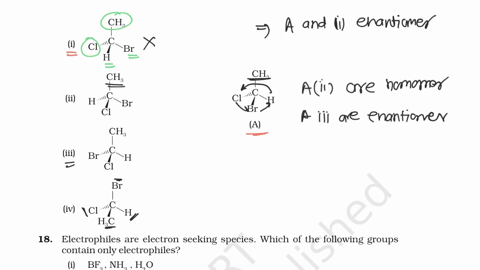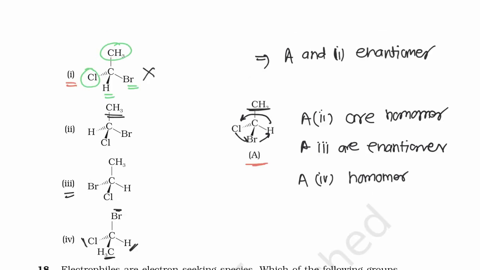So an even number of interchanges are done, and if an even number of interchanges are done, then they represent identical or the same structure. So again A and 4 are homomers. Now we have to find which of the given structures are different from A. 1 and 3 are the correct options.